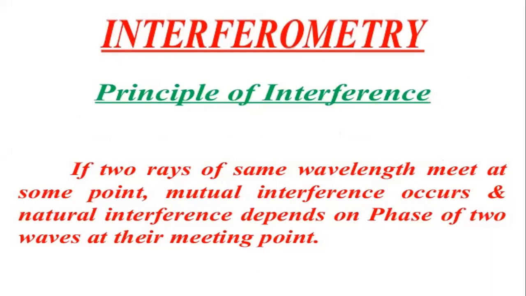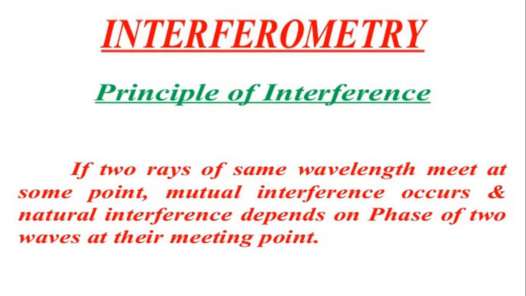So our basic topic is interferometry. First of all, what is interferometry? What is the principle of interference? If two rays of the same wavelength meet at some point, mutual interference occurs, and the interference depends on the phase of the two waves at their meeting point.